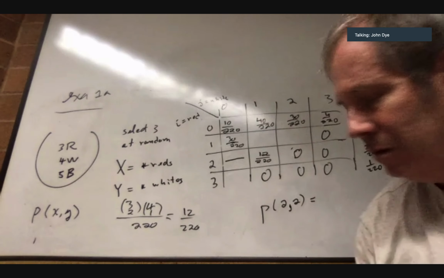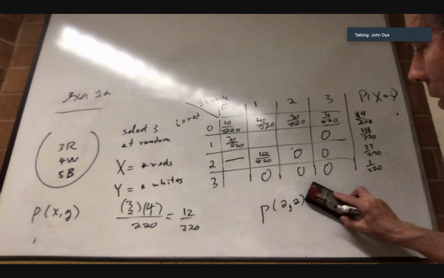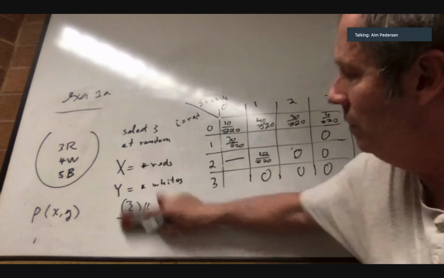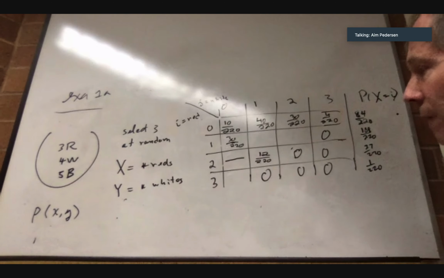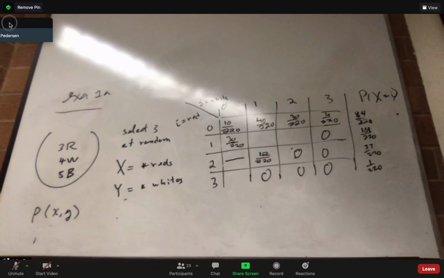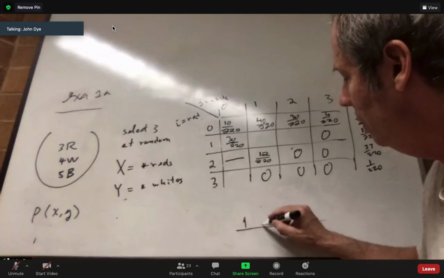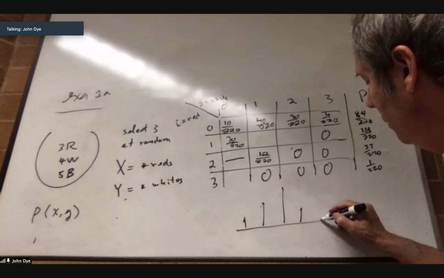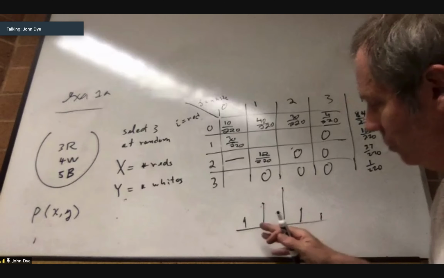Now, where does the probability... I guess the main thing is I'm just trying to remember what a probability mass function looks like. In general, it's a discrete thing.